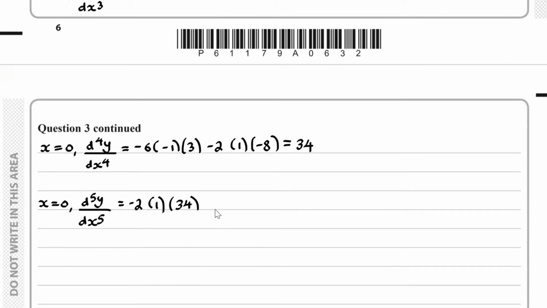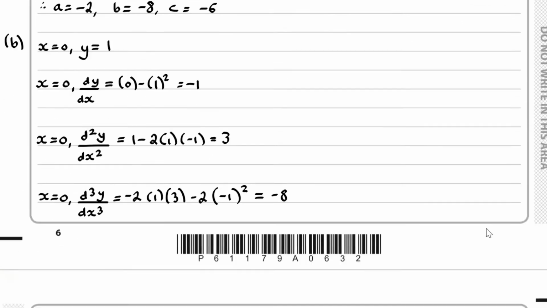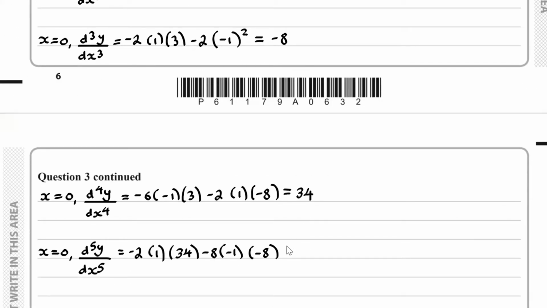So we have minus 8 lots of minus 1 lots of minus 8. And then we have minus 6 lots of the second derivative squared. So we have minus 6 lots of 3 squared. It turns out we get minus 186.